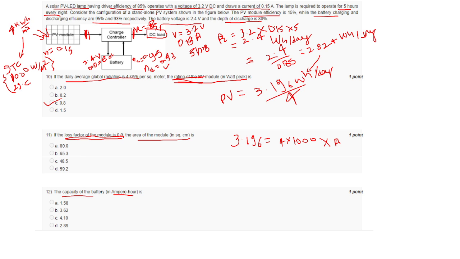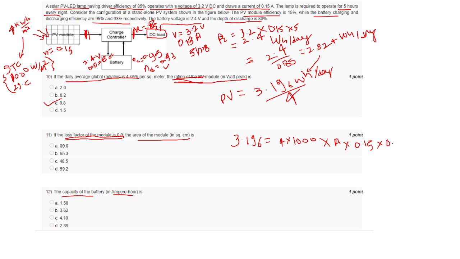It's given 0.15. The PV module efficiency is 0.15, and the loss factor that we have to include for the module is 0.9.